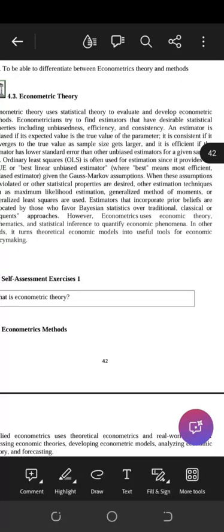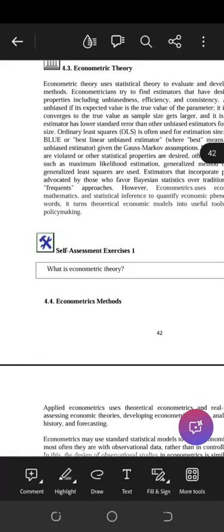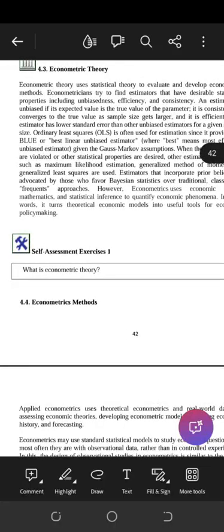Then we have another type of estimator, which is the one that you derive from the generalized method of moments. Then you have another one, generalized least squares, GLS. These are different estimation techniques, but the one that is preferred is the ordinary least squares.